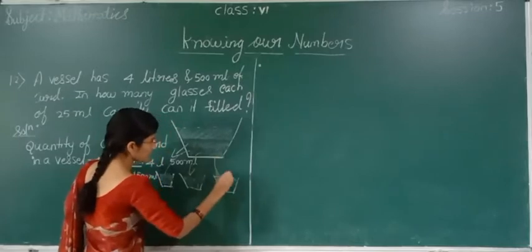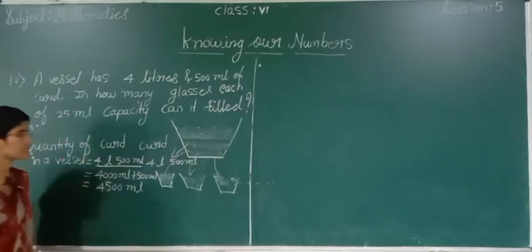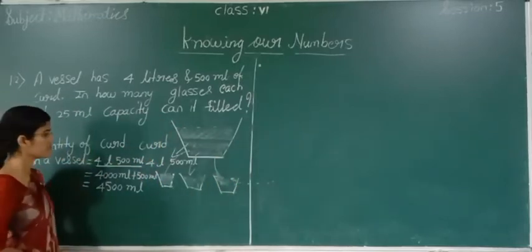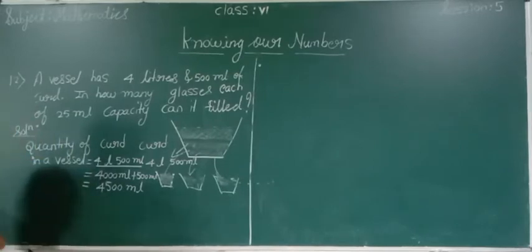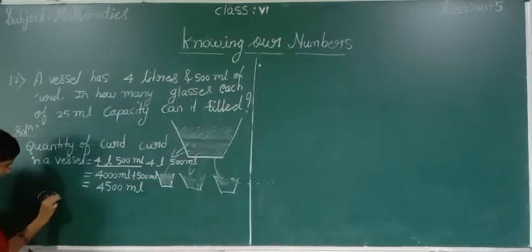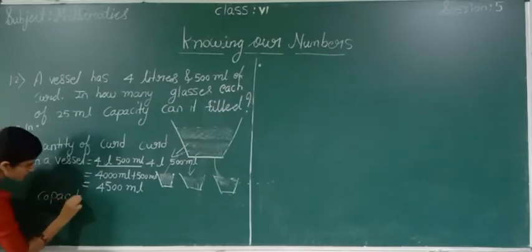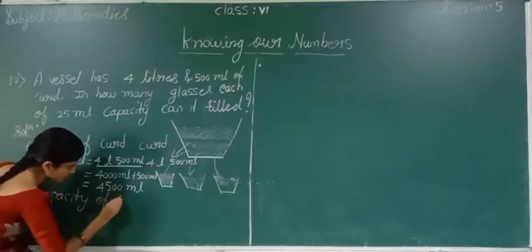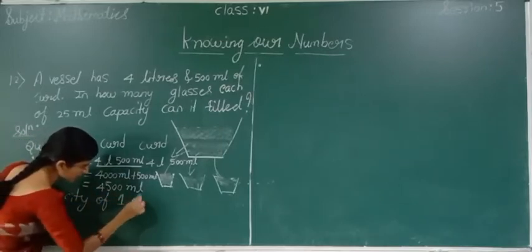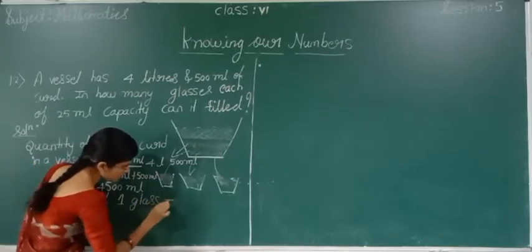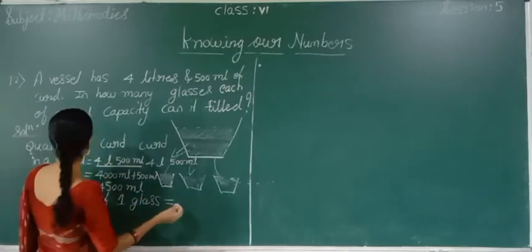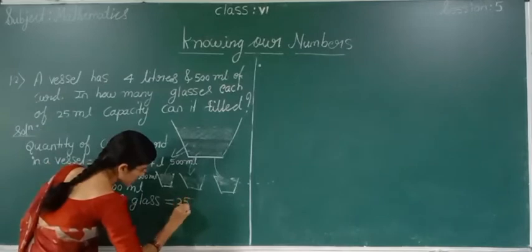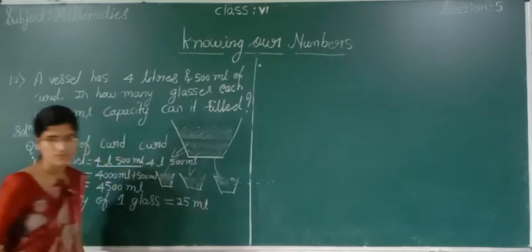Okay, now see here, capacity of 1 glass is equal to, what is given? 25 milliliters.